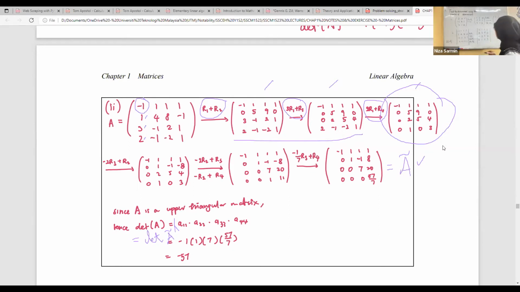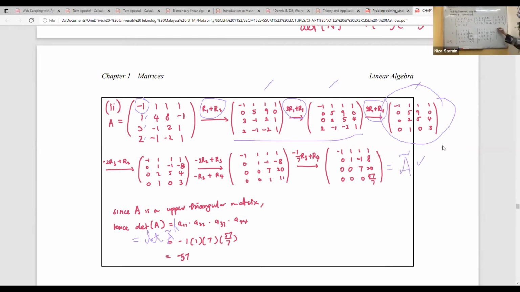Okay. If you don't want to do that and just change, this is also possible. It's not unique. Yeah, I can do like this, negative. You see this negative because I want to change row 2 with row 4. But very, very dangerous because you might not remember to write the negative.